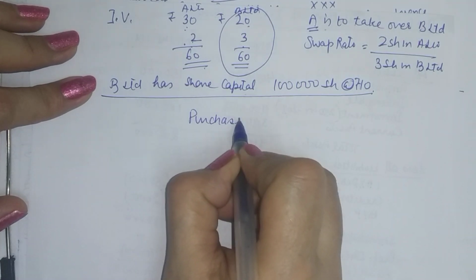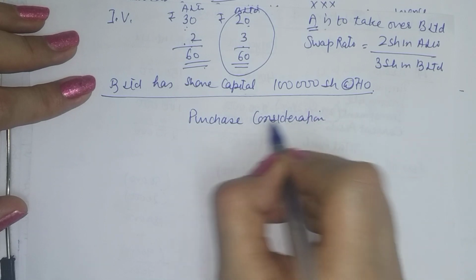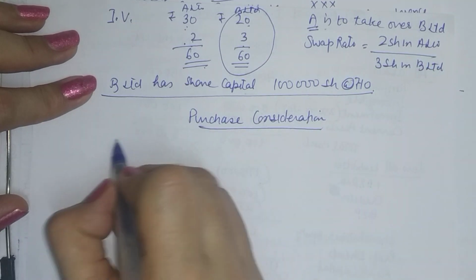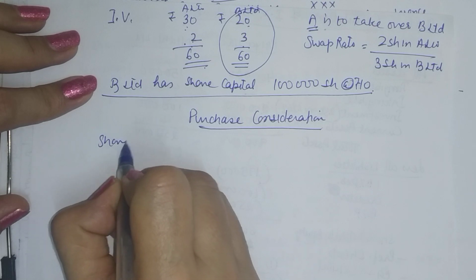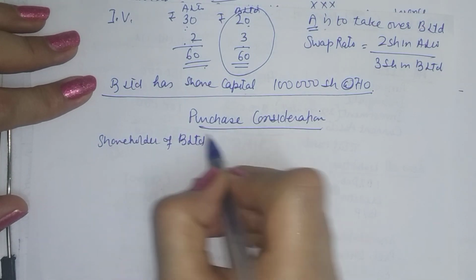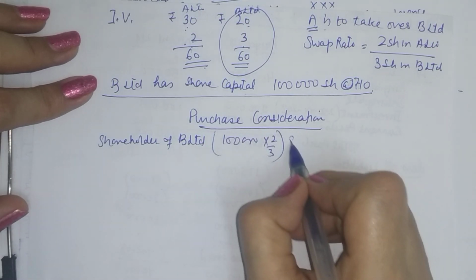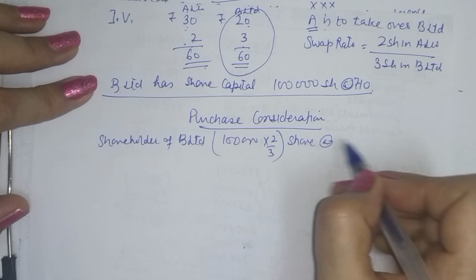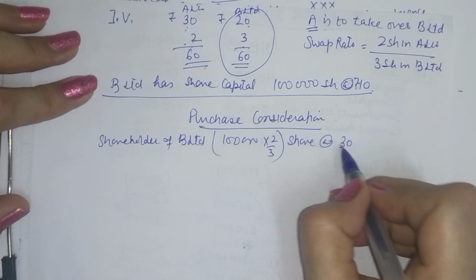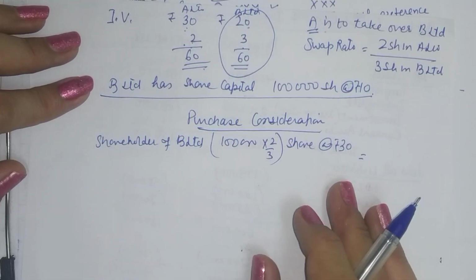Now if I am to calculate purchase consideration on the basis of this swap ratio, I know that the ratio is 2/3. So the shareholders of B Limited will get 1 lakh into 2/3 shares at the value of 30 rupees, because A Limited has 30 rupees as the intrinsic value.